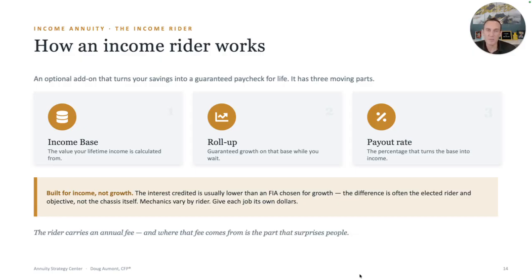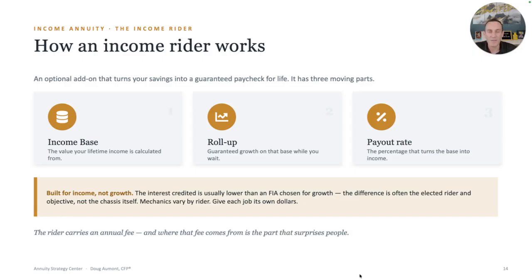You would receive a roll-up rate bonus. So your account value will change based upon the market growth that you have within the crediting methods you've chosen. Your income value, however, will increase by the roll-up rate. And so it's a component of what we're looking at. But again, we'll talk about later why it's not the most important factor. It's just something to be aware of what it is.